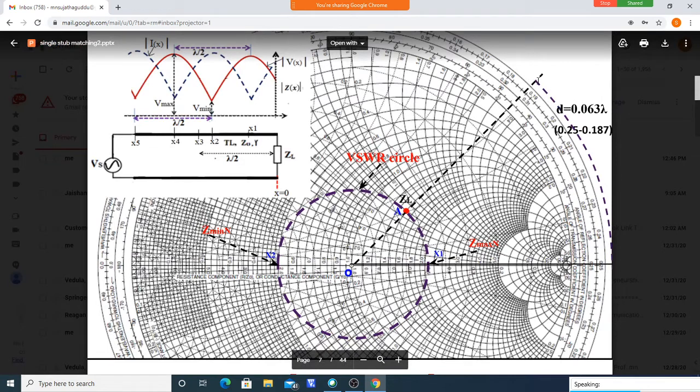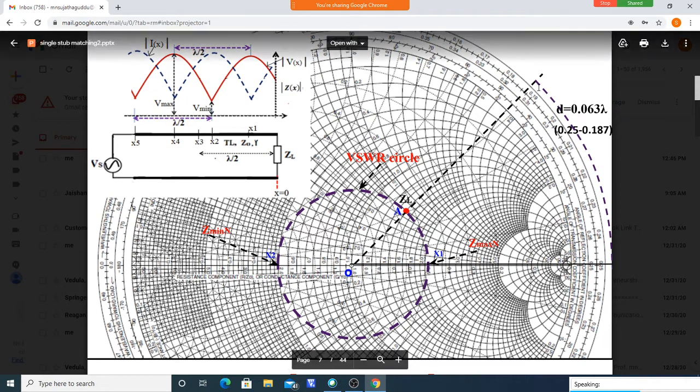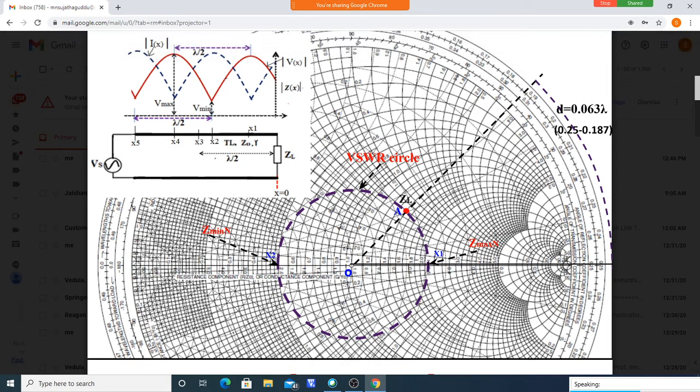What is the distance from the load to the maxima? This is the maxima position. While moving in the clockwise direction towards the generator, we reached the maxima first here, so we stopped here. We can measure the impedance value here easily by reading this value and multiplying with Z naught.